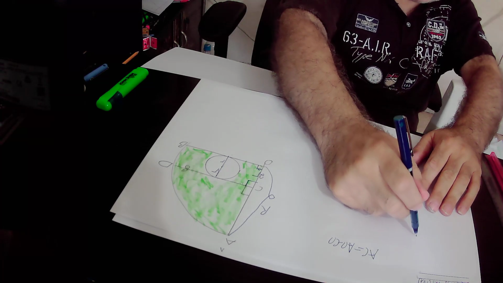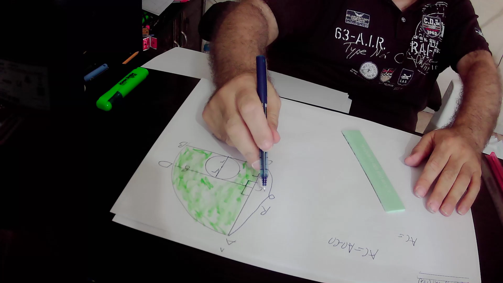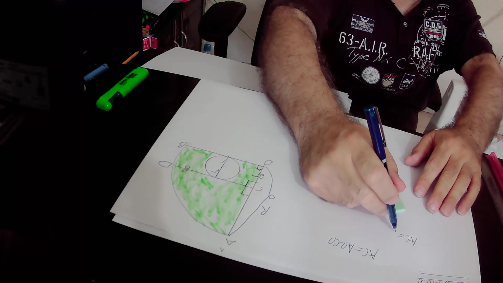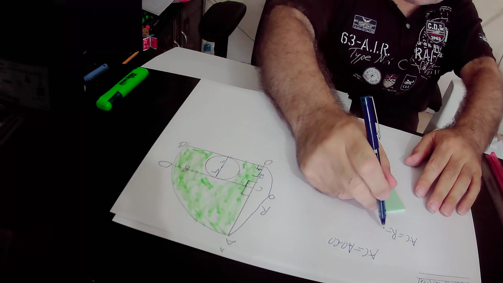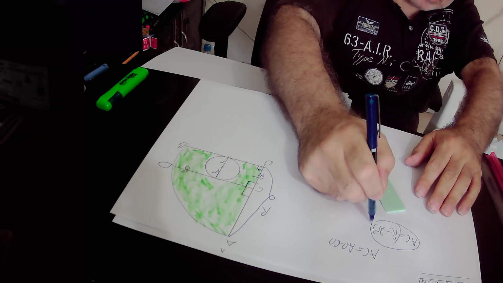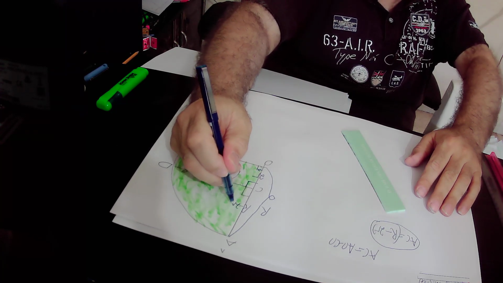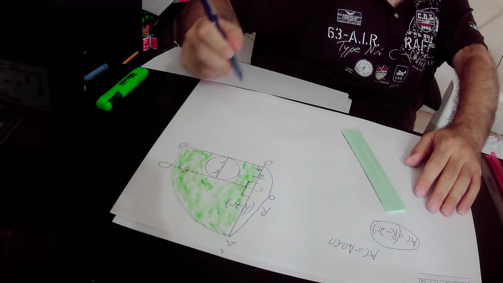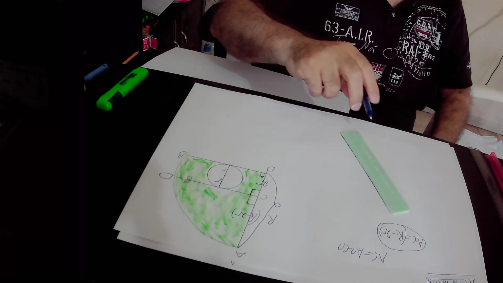That is to say, AC equals AO, that is capital R, the radius of the quarter circle, minus CO, that is 2R. So in conclusion, AC equals capital R minus 2R. In the next step, we'll complete the quarter circle to a circle.